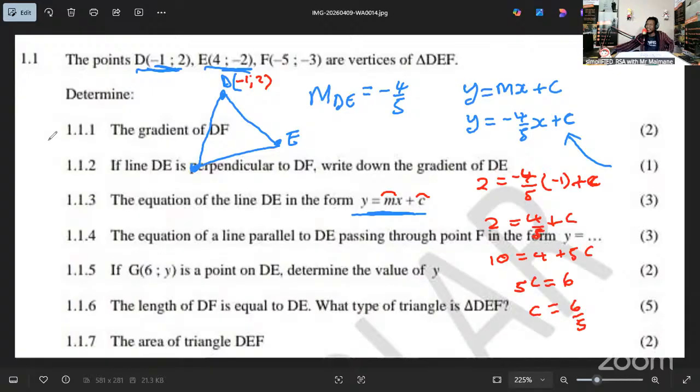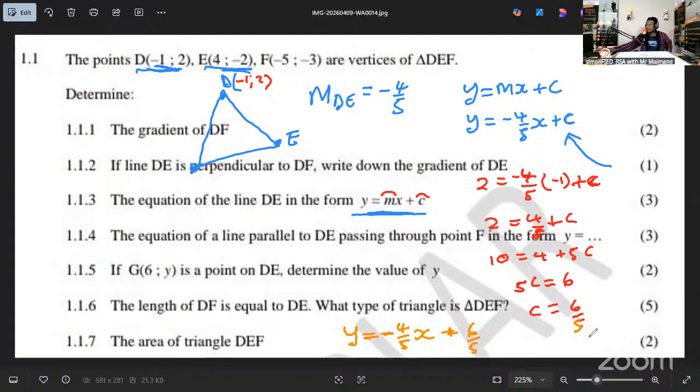Meaning, your equation for 1.1.3 is y is equals to minus 4 over 5 x plus c, which is 6 over 5.